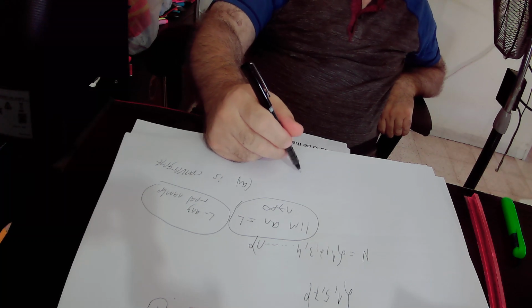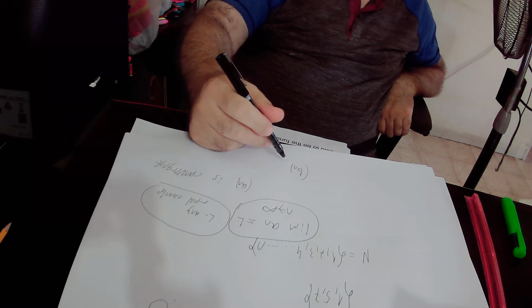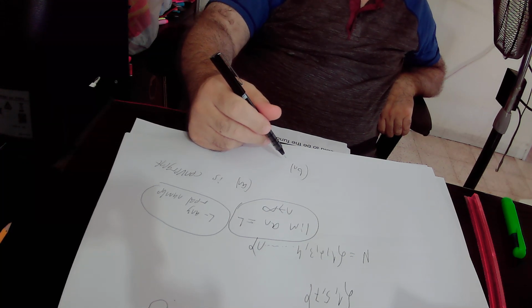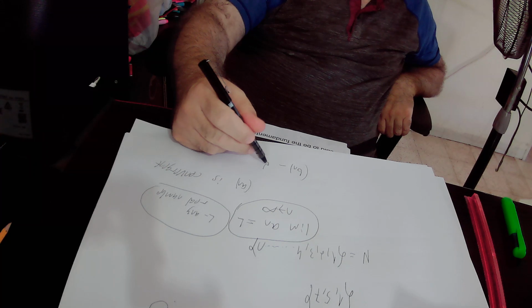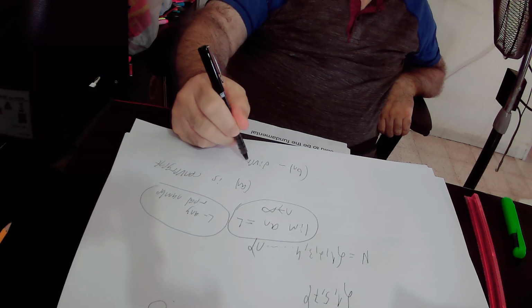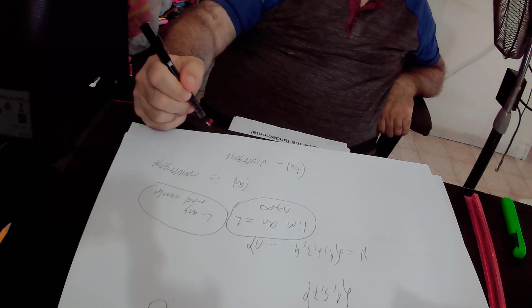And any sequence like sequence Bn, if sequence Bn doesn't have any limit, then it is defined as a divergent sequence. Okay?